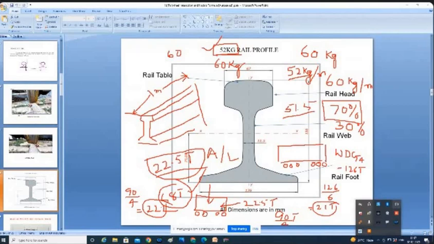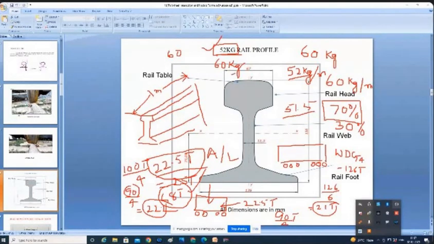Another issue is, suppose if it is 90 ton, we are getting 22.2. Suppose I want to load 100 ton on each wagon, 100 divided by 4, so 25 ton will be the axle load. If the axle load is 25 ton, this track is not permitted.